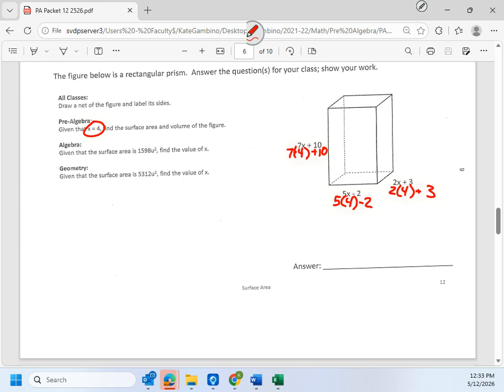Once you have that net with the correct measurements on it, you should be able to find the area of all the different sides and add those up to get your surface area. Remember, to get the volume, it's length times width times the height. So you need your net labeled correctly, the surface area, and the volume.